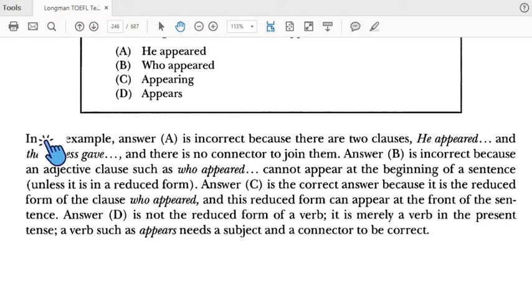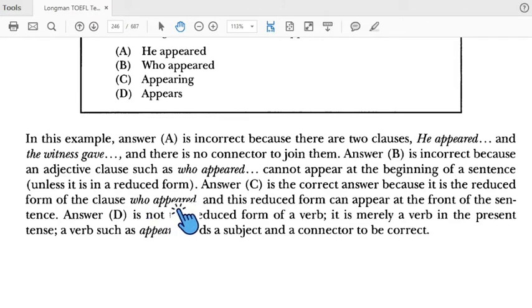Okay, and next example, answer A is incorrect because there are two clauses, he appeared and the witness gave. Two clauses, there is no connector to join them. Answer B is incorrect because an adjective clause such as who appeared cannot appear at the beginning of a sentence, at least not as a reduced form. Answer C is the correct answer because it is the reduced form of the clause who appeared to be appearing.